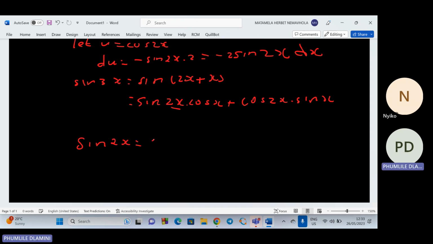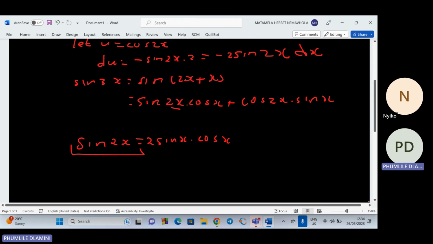Sine 2x equals 2 sine x cos x. So now we have sine x cos x. If we check the relationship between this and these two, we will see that we don't have that kind of relationship.